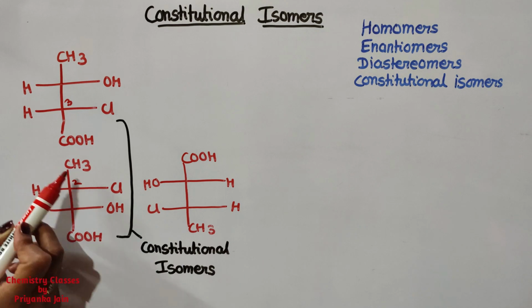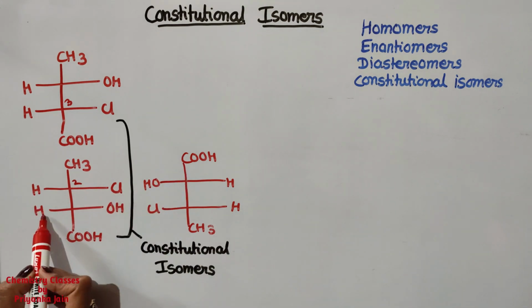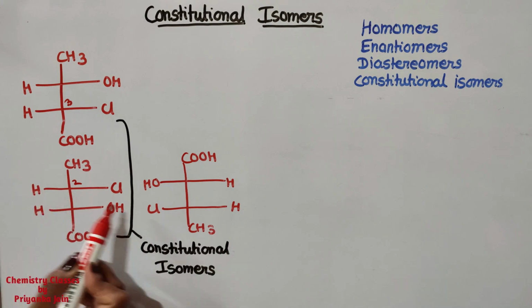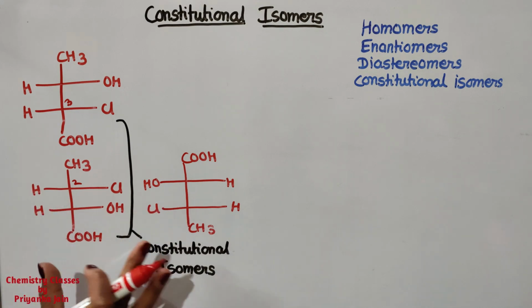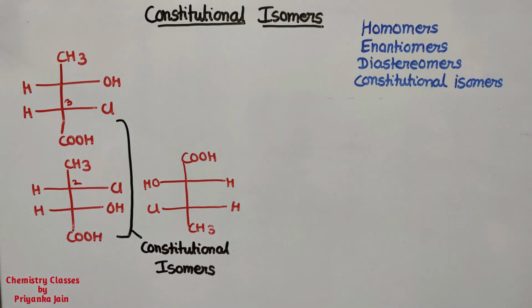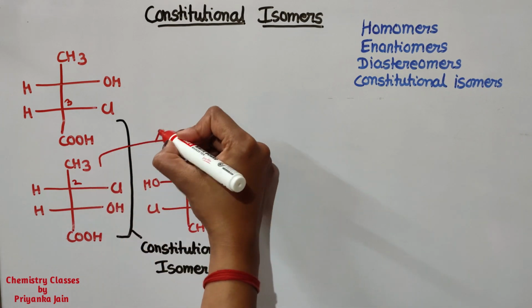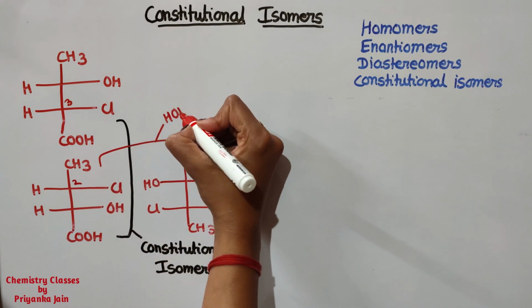If we are rotating, this CH3 will go down, COH will go up. Okay, this Cl will go here and this OH will go here, right? So these 2 structures are same. If we are rotating this by 180 degree, we are getting this structure. So these 2 are now called the homomers.